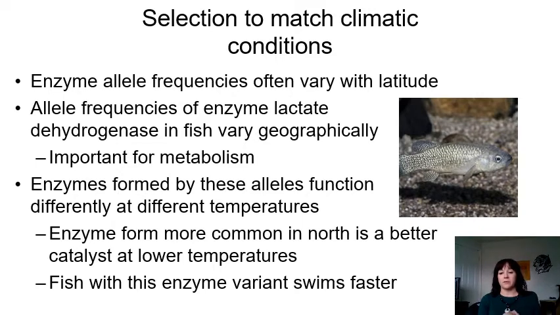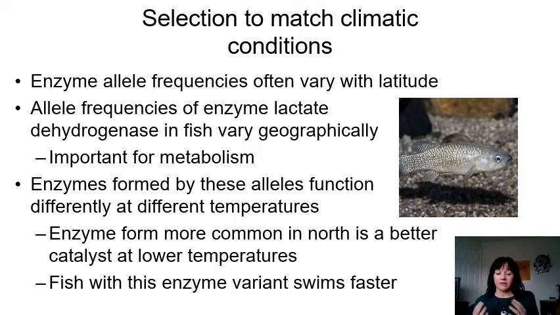This enzyme happens to be important for the fish's metabolism, taking care of how they digest their food and get energy from their food. What you find is that in these species of fish up in the north, you're more likely to find the allele that is north optimized and works better at colder temperatures, because it's colder up in the north.